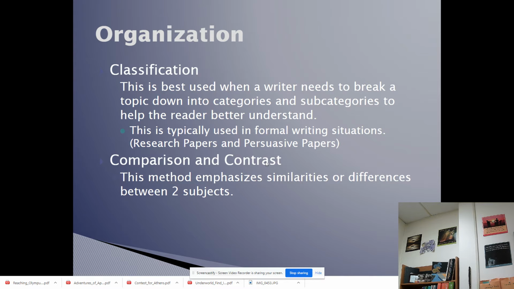You would probably break that into subcategories as physical effects, mental effects, emotional effects, social effects, and then you would break those categories down even further into subcategories. This would be an extremely useful time to use an outline, which will come at a later date.